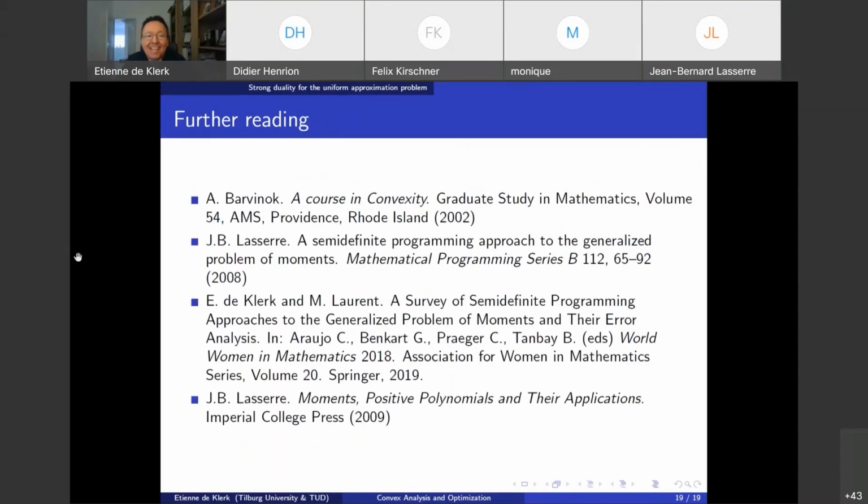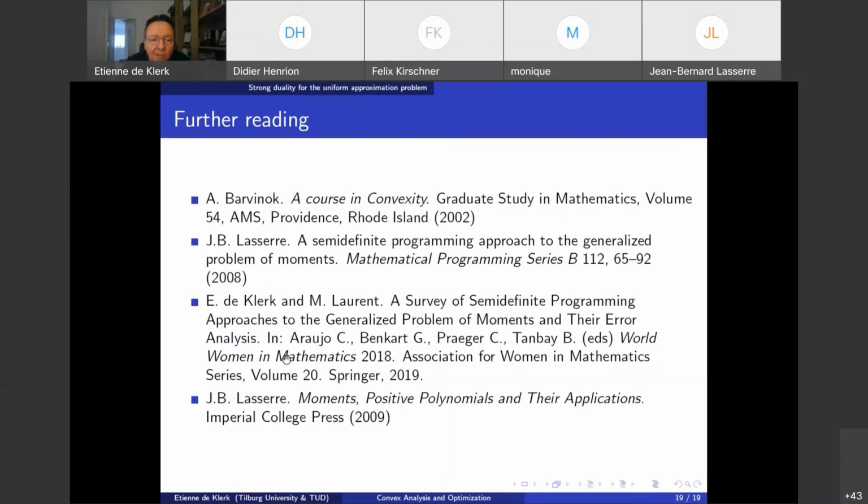And then maybe just the last thing. For those of you who would want to know more about this topic, as I said already, this book by Barvinok is a wonderful resource if you want to understand convex duality in more detail. This Lasserre hierarchy for the generalized problem of moments appeared in this paper in Mathematical Programming.